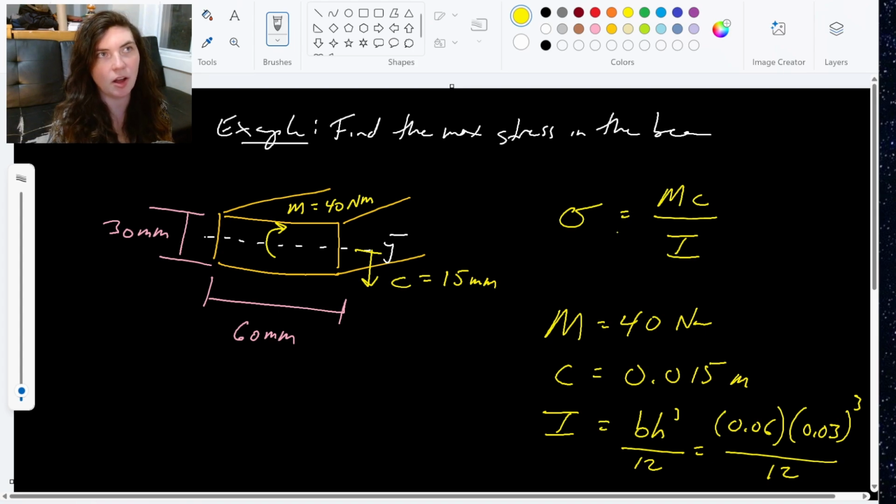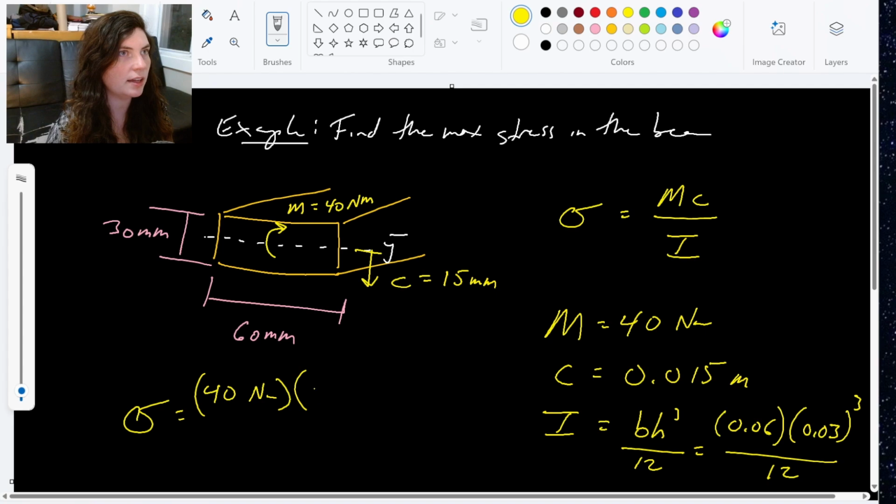And now we can plug all of that stuff into our normal stress equation. So the moment was 40 Newton meters times 0.015 meters all over the moment of inertia.